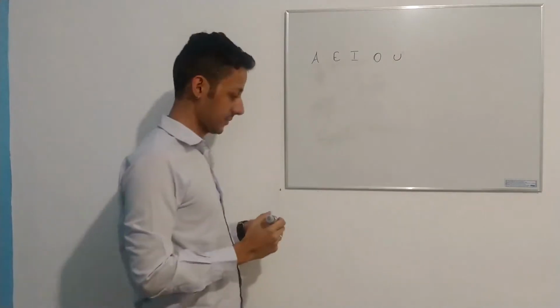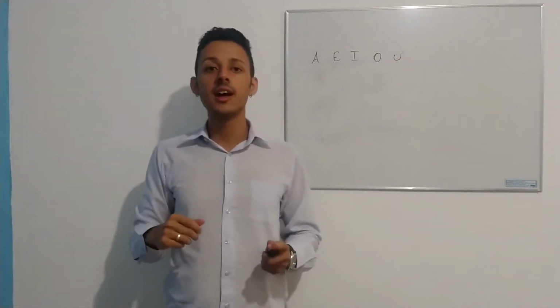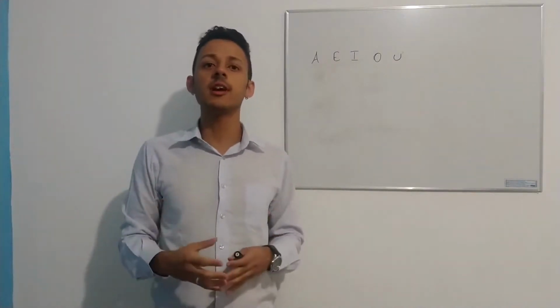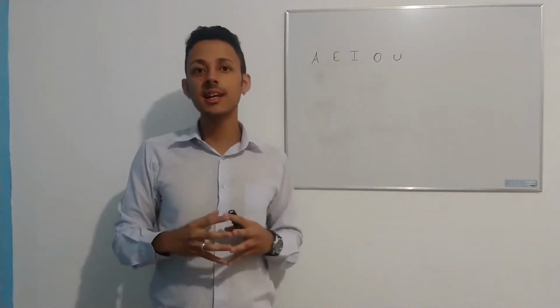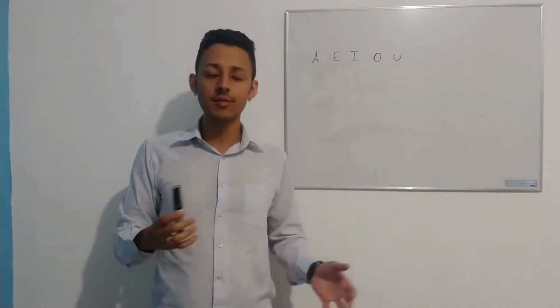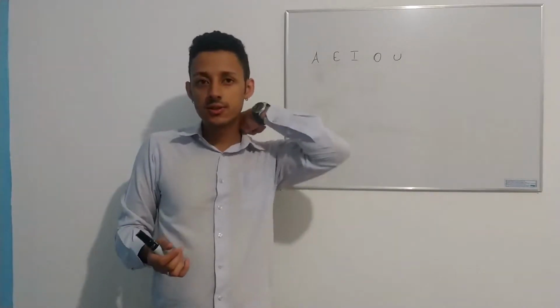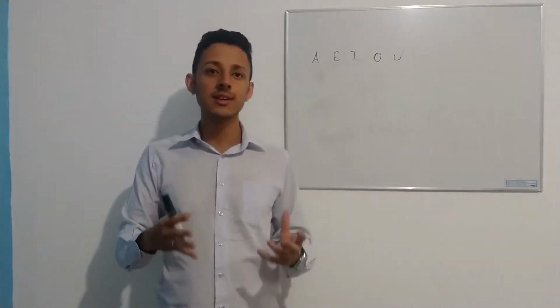U. The sound of the vowels is always very irregular in English. So when you study the alphabet, again, it will not help you to discover how to read certain words.